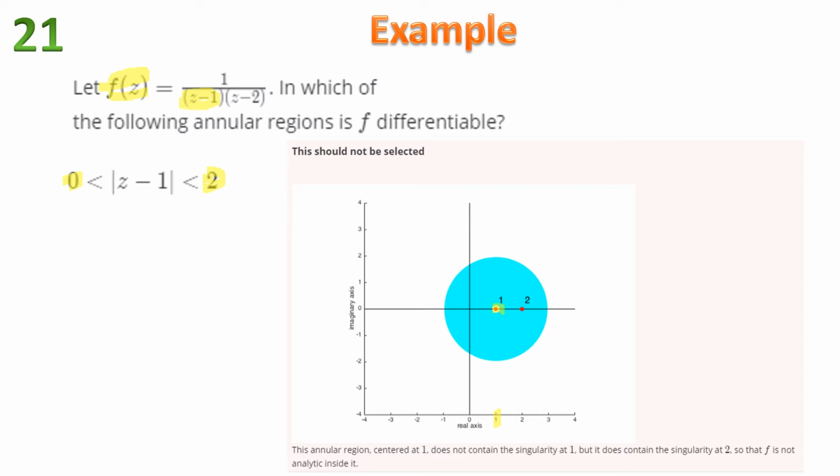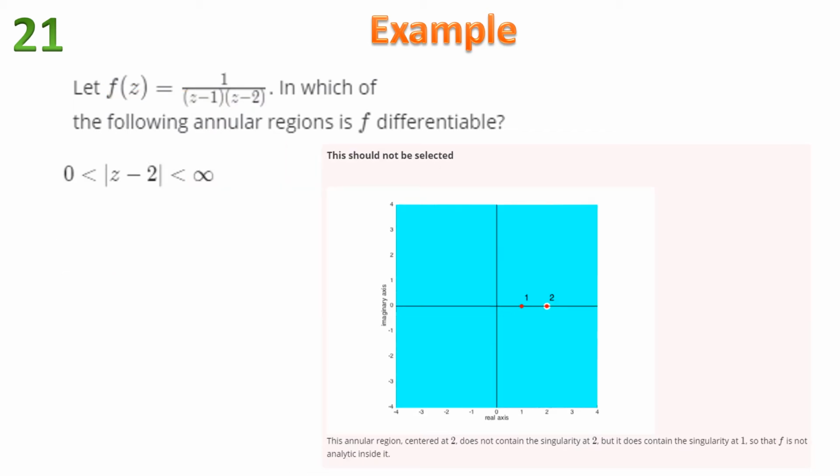But 2 is included, so that will spoil the game. So here this 2 will spoil the game, and therefore it has a singularity at 1 that is not included, but the singularity at 2 is included, so the function f is not analytic inside the region which is shaded in this diagram. So the final conclusion is that this is not differentiable.